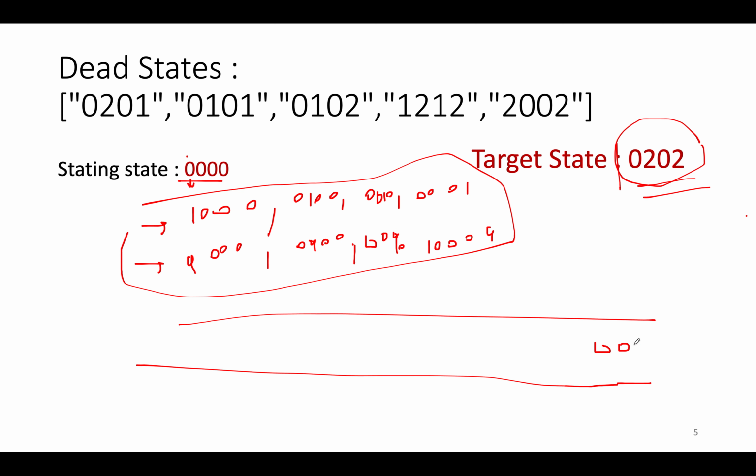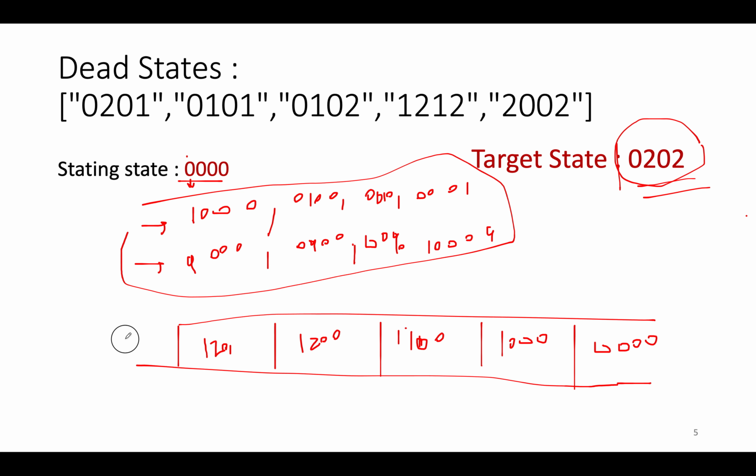0, 0, 0, 0. The first one would be 1, 0, 0, 0, one hop. Second hop would be 1, 1, 0, 0. Third one would be 1, 2, 0, 0. Fourth one would be 1, 2, 0, 1.